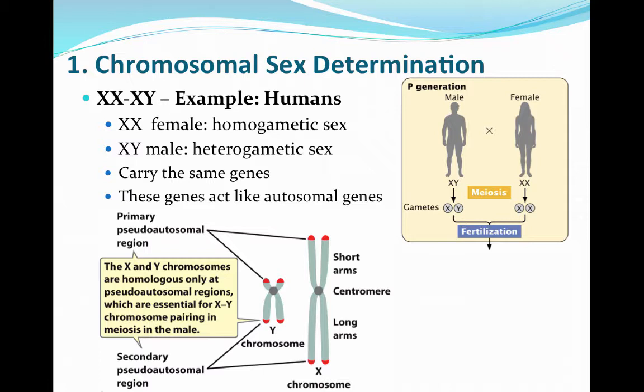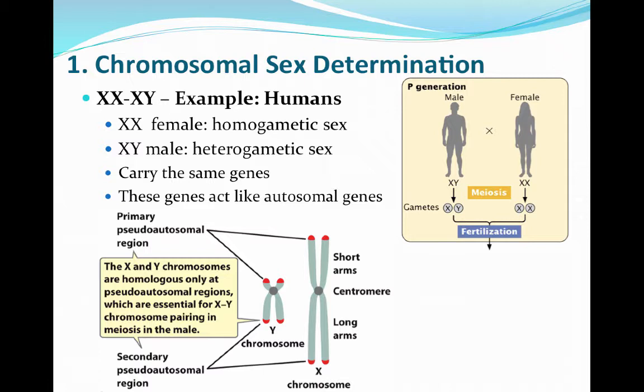The X chromosome carries the same genes, but these genes tend to act like autosomal genes. Just keep this in mind as you're thinking about the parent generation contributing certain chromosomes to the F1 generation.